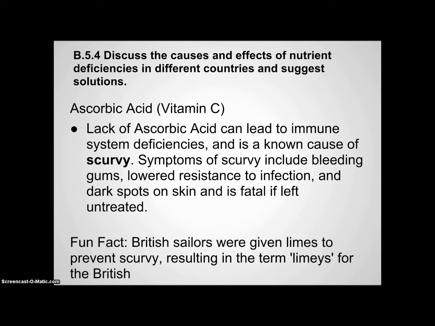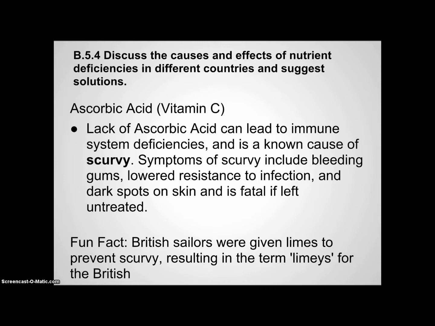The second deficiency is vitamin C. This is extremely uncommon nowadays, but in historical times, sailors on ships would often get scurvy, which is a deficiency of vitamin C, and they get bleeding gums.